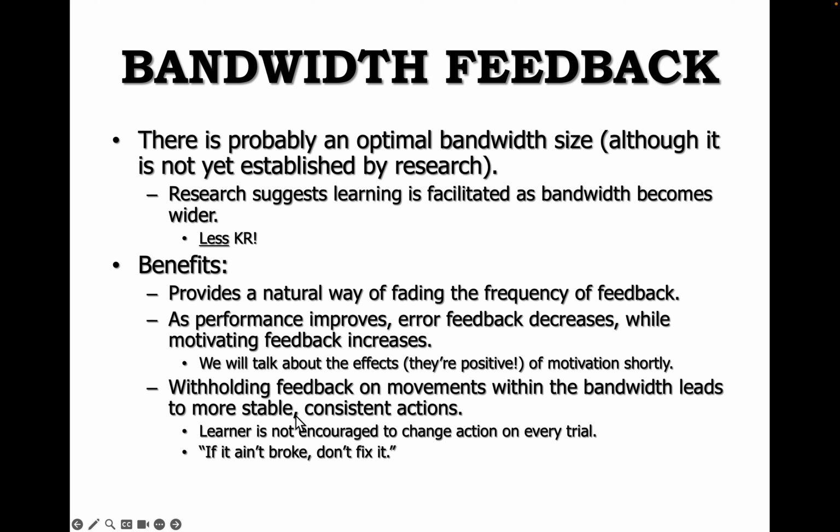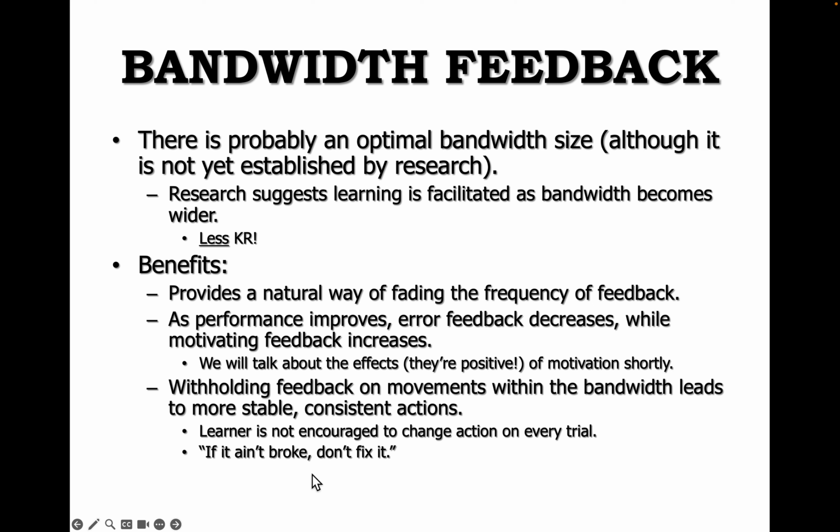Withholding feedback on movements within the bandwidth leads to more stable or consistent actions, meaning that the learner is not encouraged to change their action on every trial. So with the wider bandwidth, we don't give them more feedback, meaning that their skills will become more consistent. The age-old adage goes, if it ain't broke, don't fix it.